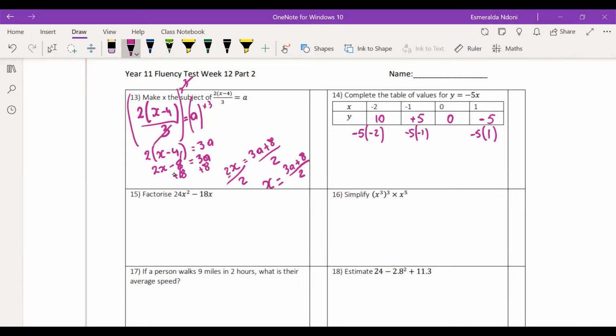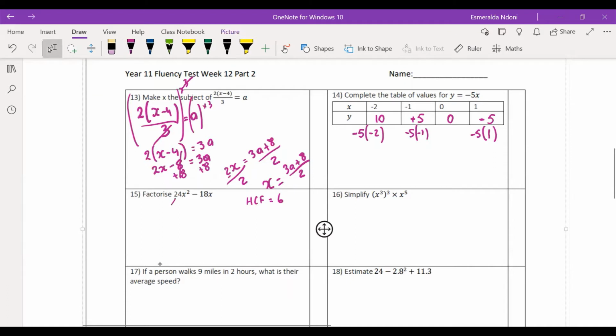Question 15. Factorize. To factorize, we find common factors. We know that we have to make brackets. I'm going to rewrite the question as a product of factors, so that you can see what needs to come out. Before that, I find the highest common factor of these two numbers, and that will be 6.